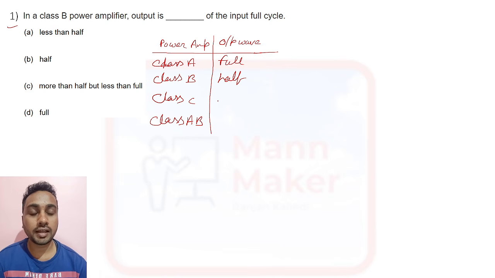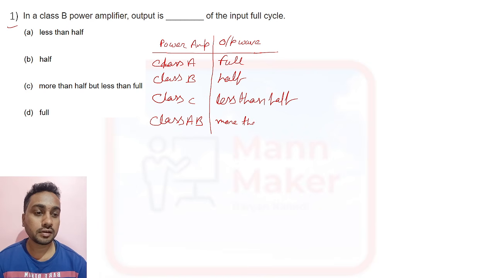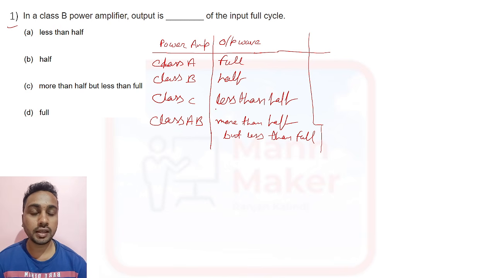In class C, it will be less than half cycle of the input, and in class AB, it is more than half but less than full of the input cycle. These four points you need to remember, anything they will ask in the exam.